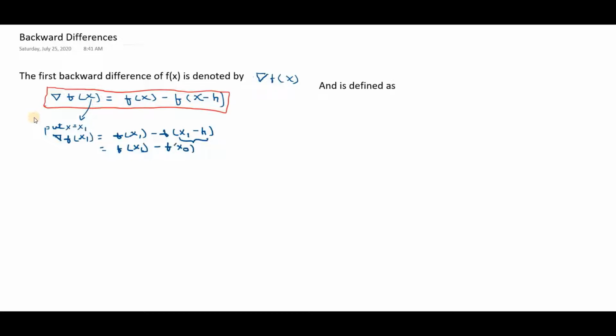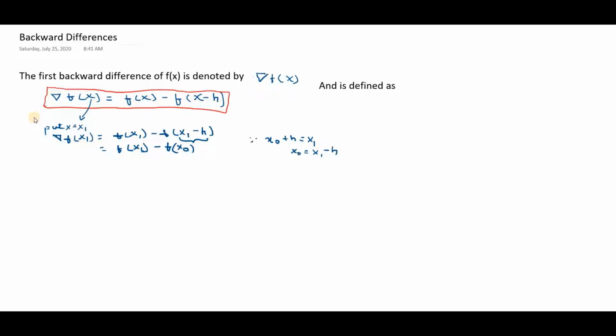So as in previous, we know that the value of x1 we can write as x0 plus h. x0 plus h is equal to x1. Therefore x0 is equal to x1 minus h.